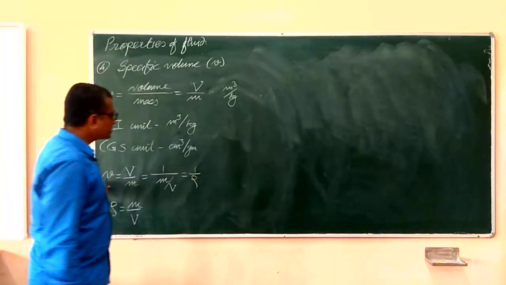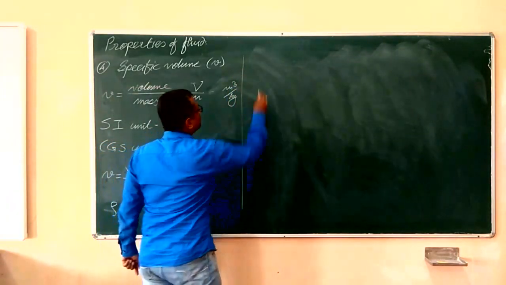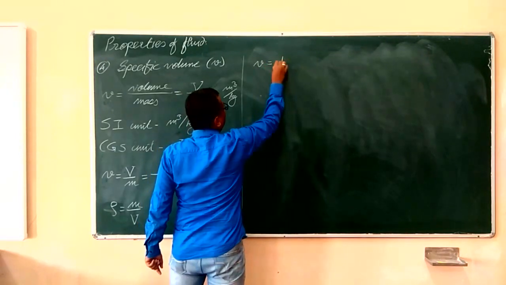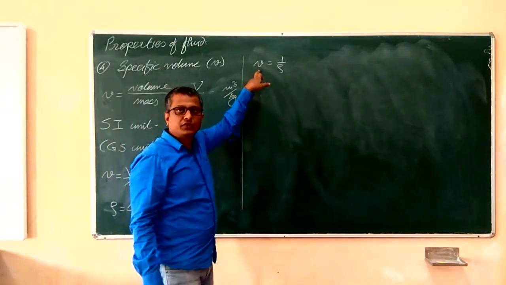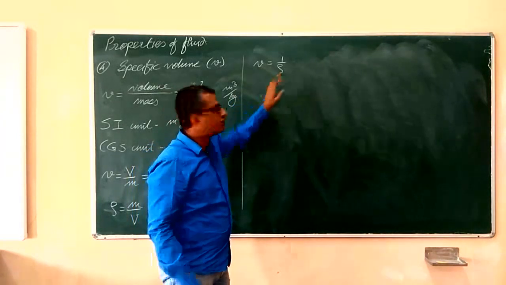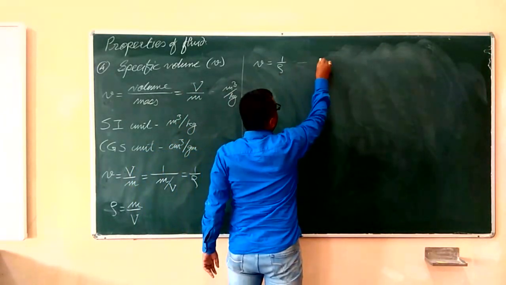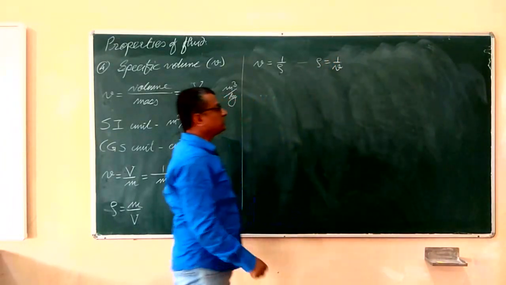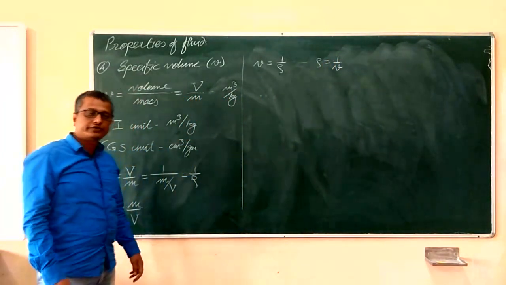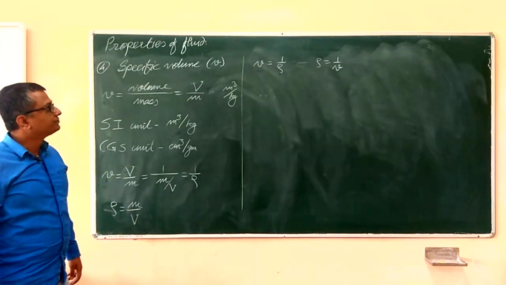So from this equation it is clear that small v is equal to 1 by rho. So the specific volume of the fluid is the reciprocal of the density of the fluid. And in a similar manner, I can also write rho as equal to 1 by small v. That is, the density of the fluid is the reciprocal of the specific volume of the fluid.